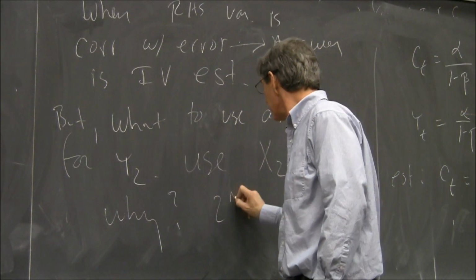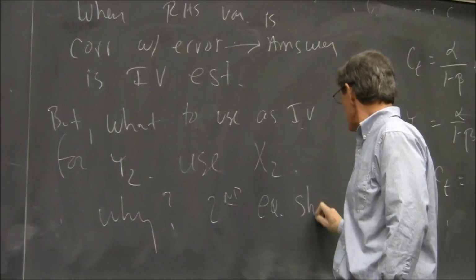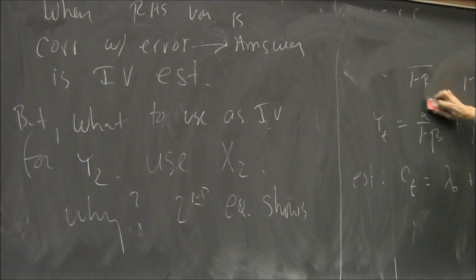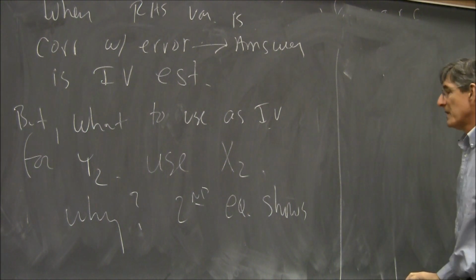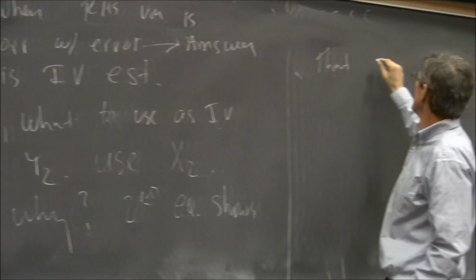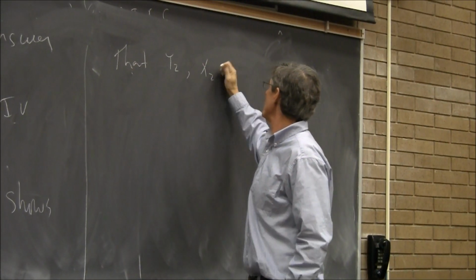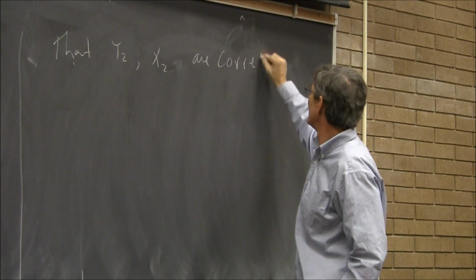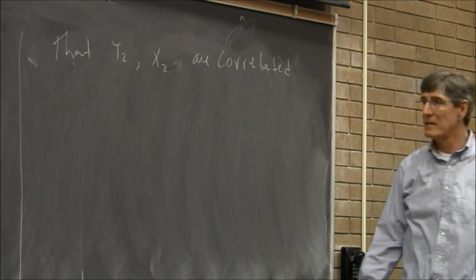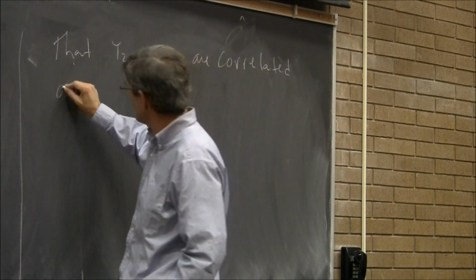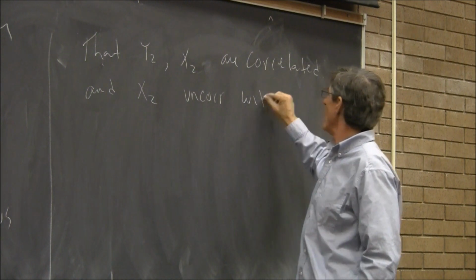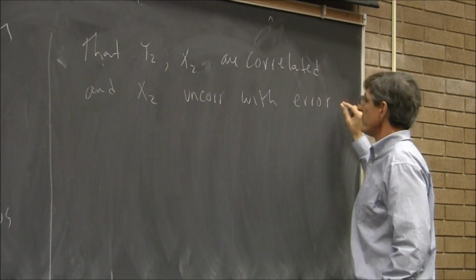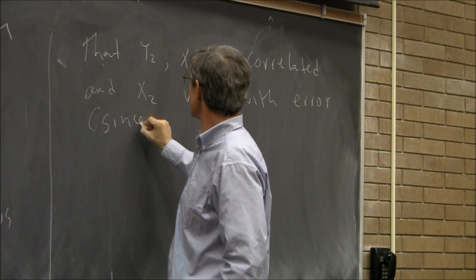The second equation shows that y2 and x2 are correlated, and x2 is uncorrelated with error since it's exogenous.